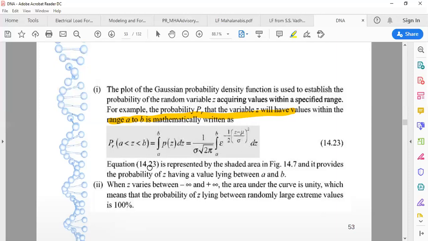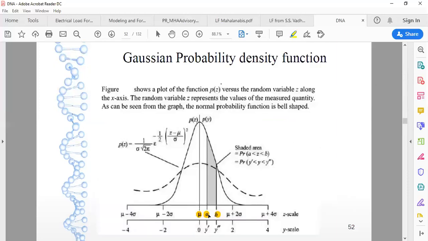Now, whenever we want to find the area, the simplest method is to take the integration between two limits. So over here a higher limit and a lower limit are selected, which, as we have seen from the previous slide, are a and b. A will be the lower limit, b will be the higher limit, and in between, the integration of p(z) will be taken.